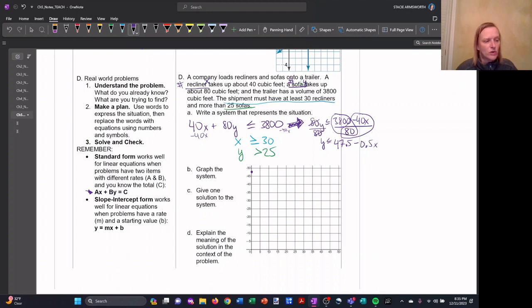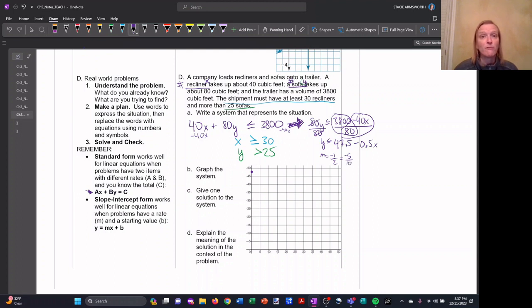Graphing small quantities on this graph, which has large numbers, doesn't really work well. So I'm going to think of my slope on a larger scale, something more manageable, like down 5, right 10.